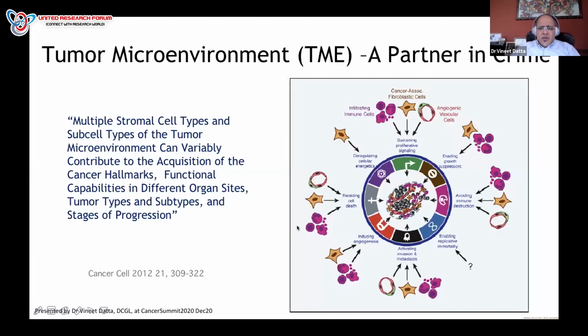So you could look at the nice little diagram on the right, which shows the various hallmarks aligning to the infiltrating immune cells, the fibroblastic cells, the vascular activity, the sustaining proliferating signals from the angiogenic cells, as well as various aspects of immune destruction, invasion and metastasis, and angiogenesis coming in from these parameters.